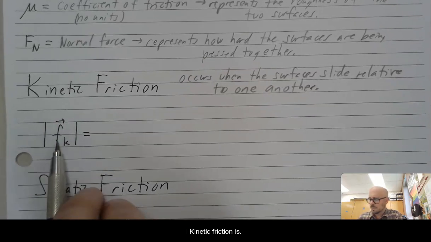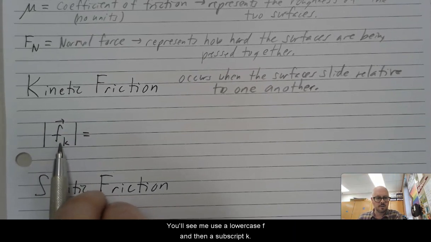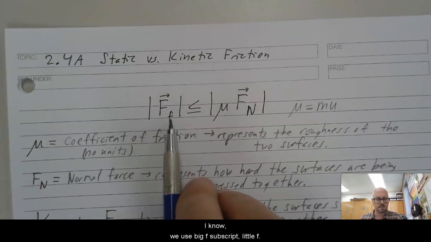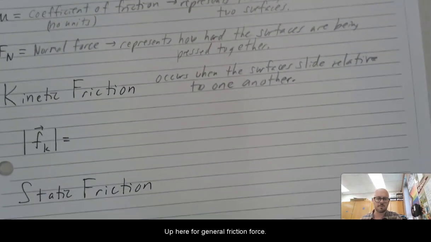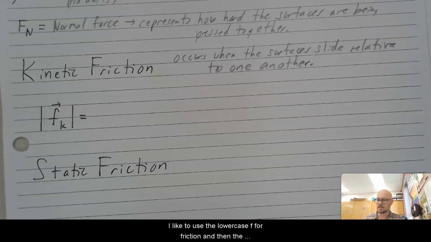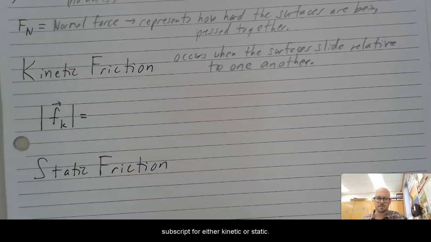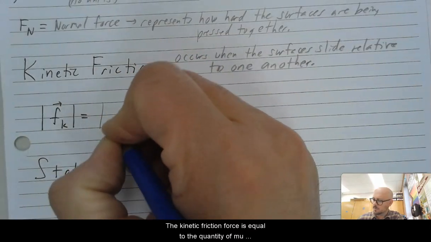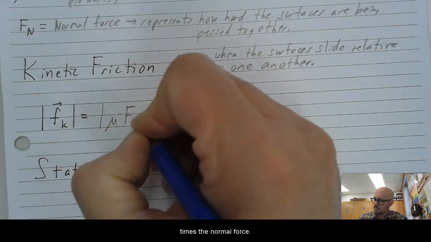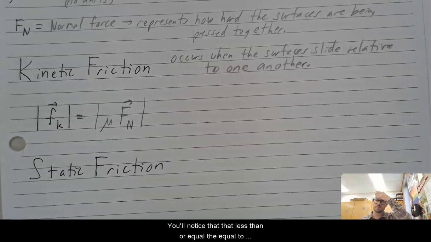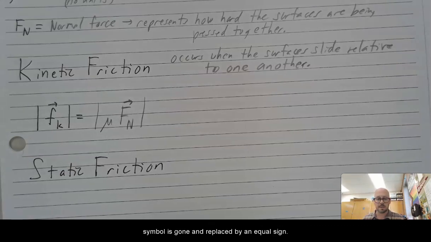Kinetic friction, you'll see me use a lowercase f and then a subscript k. I know we use big F subscript little f up here for general friction force. Once we get into specific forces, I like to use the lowercase f for friction and then the subscript for either kinetic or static. The kinetic friction force is equal to the quantity of mu times the normal force. You'll notice that less than or equal to symbol is gone and replaced by an equal sign. And so that's good news for us.